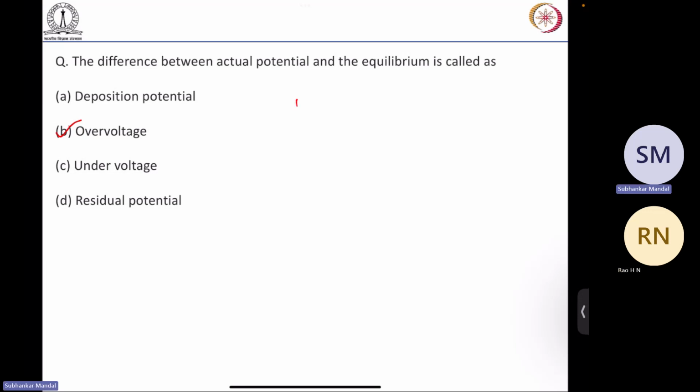So what is over voltage? Basically, in a practical point of view, suppose one reaction is happening, Fe3 plus is going to Fe2 plus, and for that the potential, suppose E naught, is 0.776 volt. That means the reaction should happen at 0.776 volt.